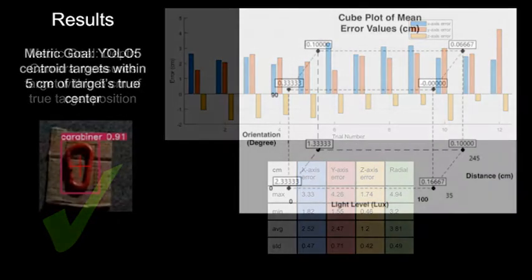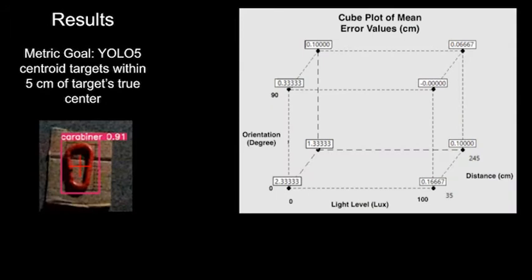The third metric goal, and final for distance metrics, was the ability for our YOLO5 program to accurately and precisely target the image pixel corresponding to the target center. Success criteria is error no greater than 5 centimeters. The carabiner target was imaged with all possible combinations of light levels ranging from 0 to 100 lux, distances ranging from 35 to 245 centimeters, and the target orientation ranging from 0 degrees to 90 degrees.